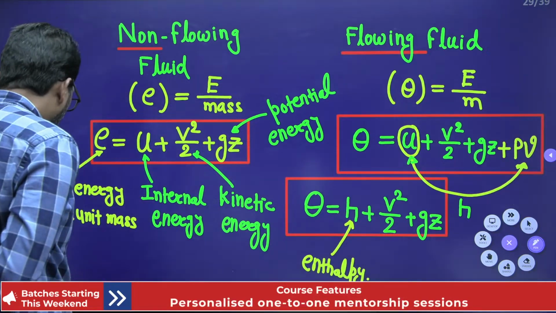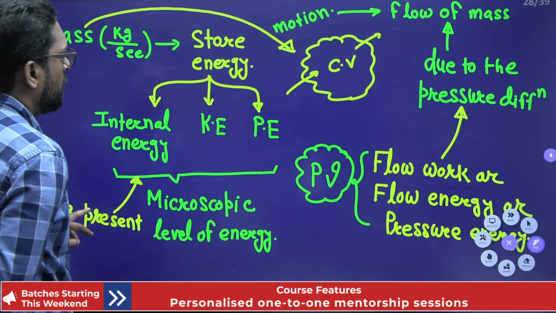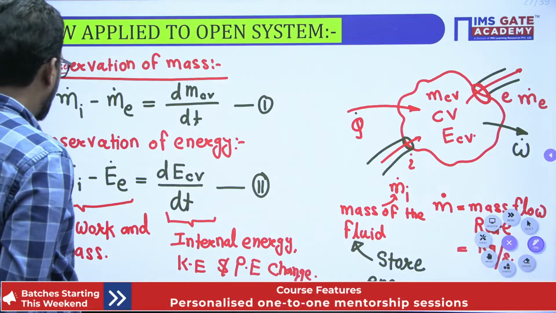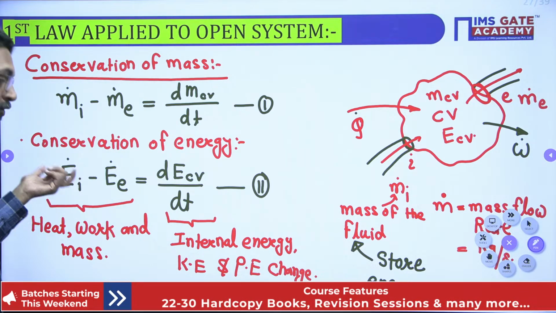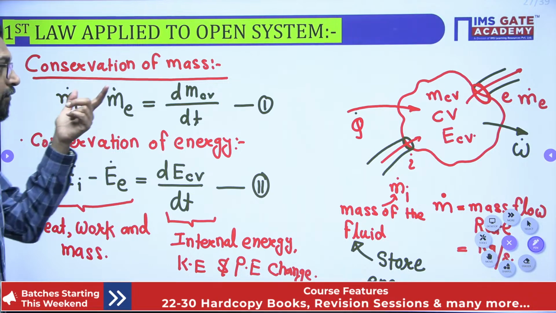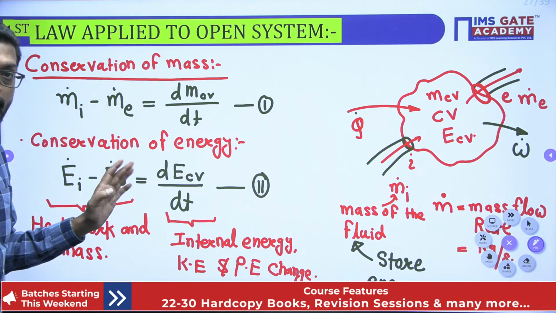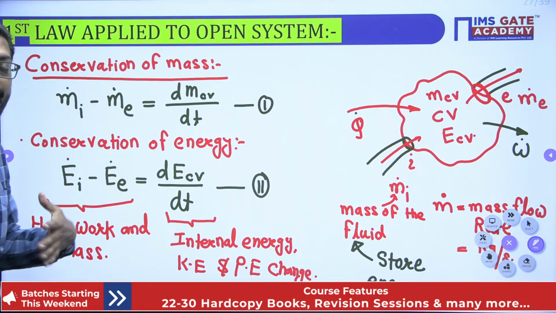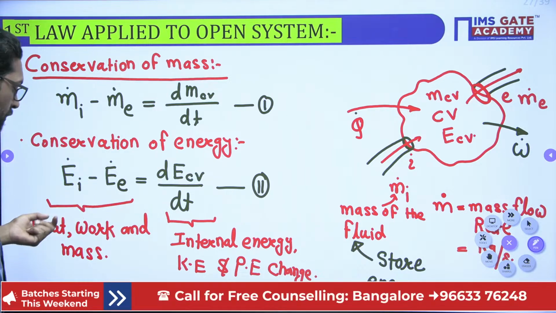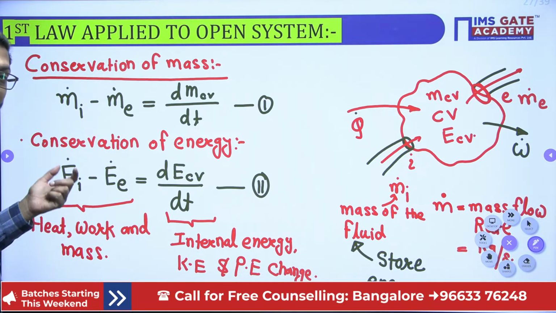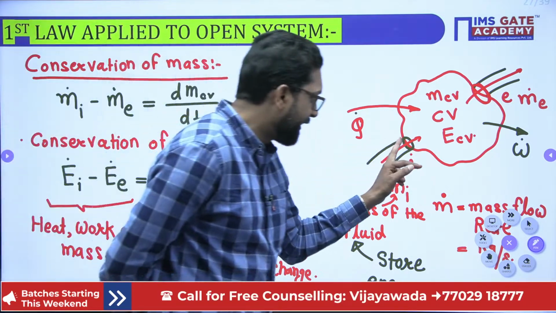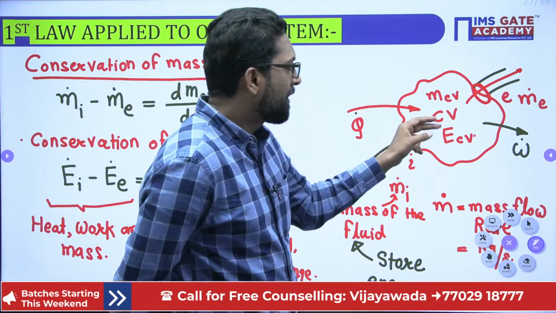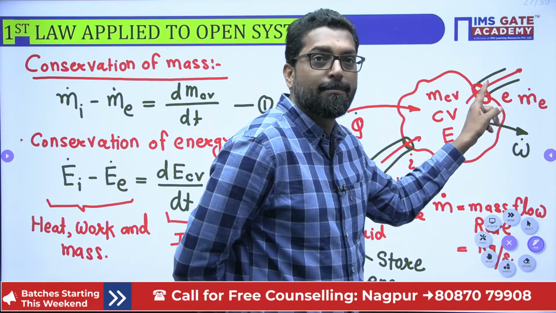Now, if you find energy in, it is in the form of heat and mass, and if there is a mass, the mass has a stored energy. What is the stored energy? Enthalpy plus kinetic energy plus potential energy at inlet, plus stored energy at exit, mass exit.